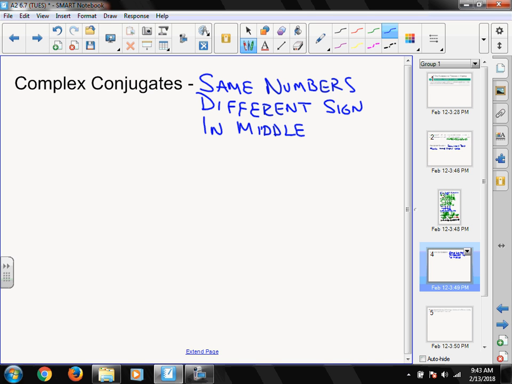So what I mean by that is, if I have what we just had, 1 plus i times the square root of 2, the complex conjugate of that is going to be 1 minus i times the square root of 2.